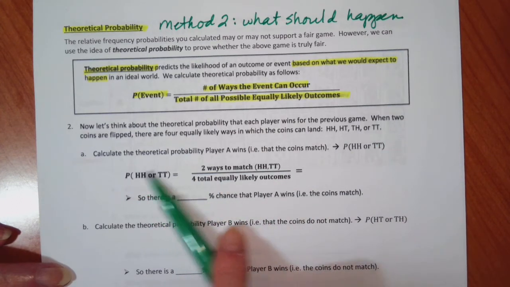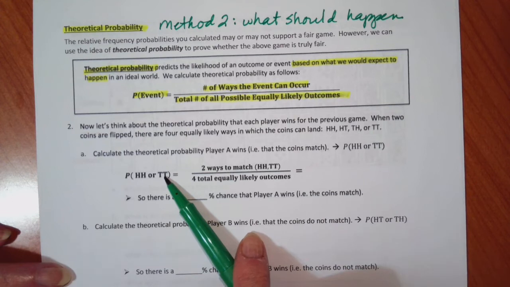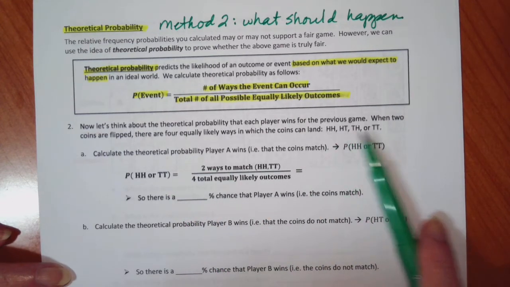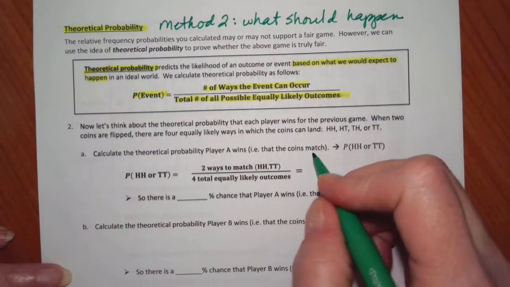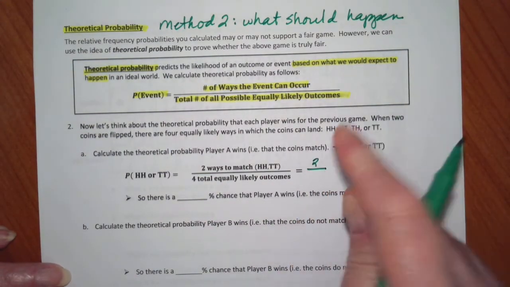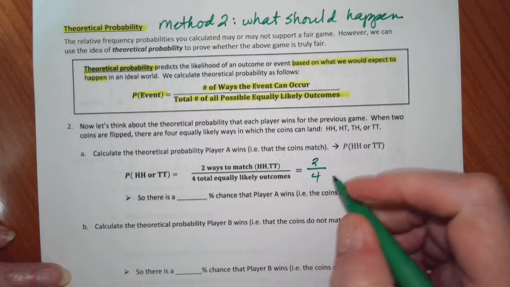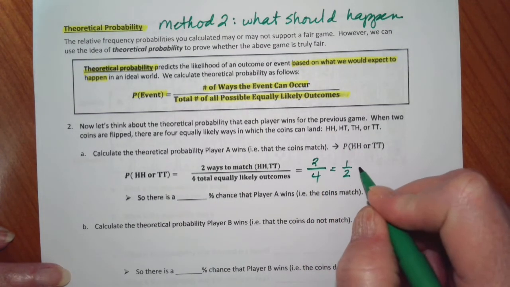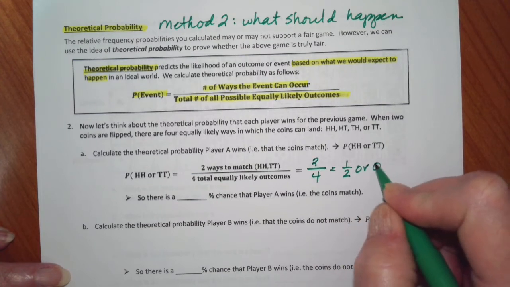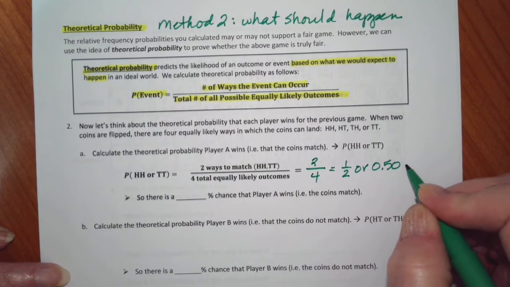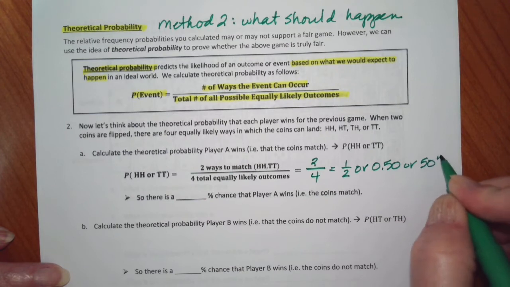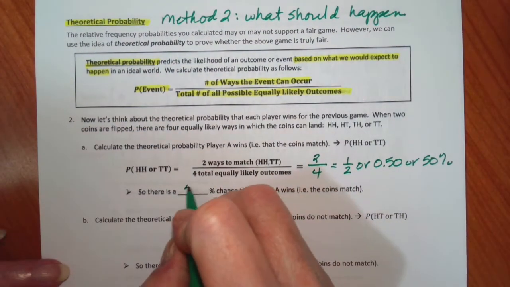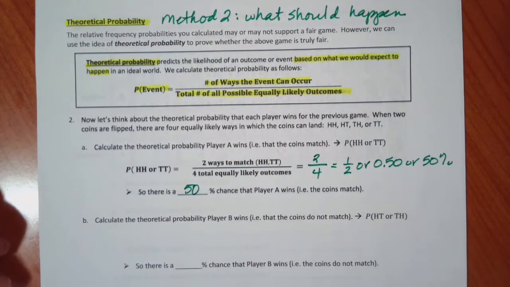The probability of getting heads-heads or tails-tails: there are 2 ways to do that out of 4 possible outcomes, which becomes 1/2, or 0.5, or 50%.